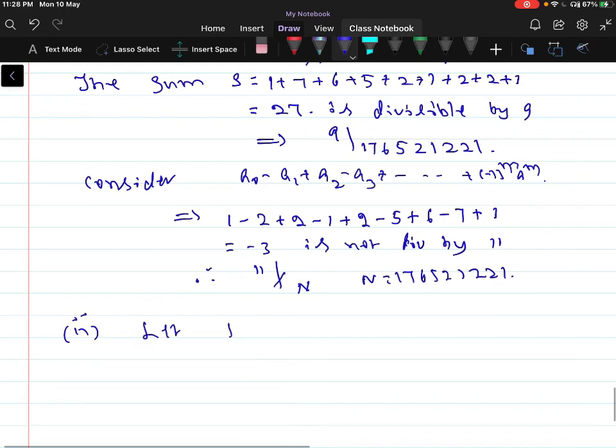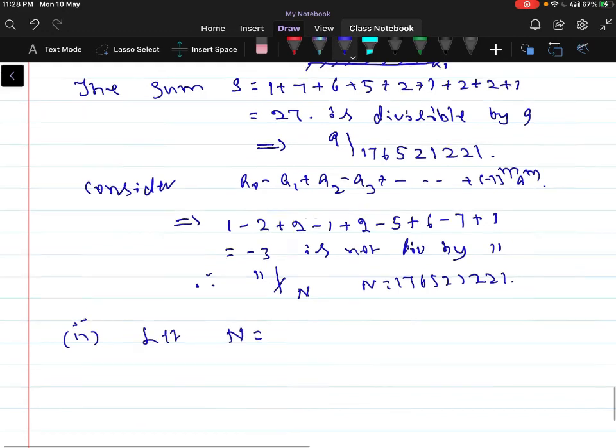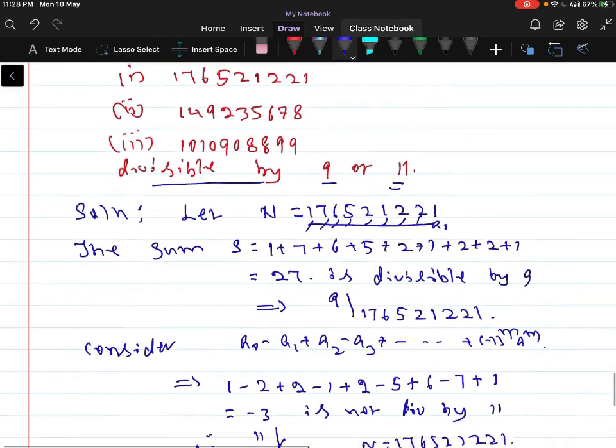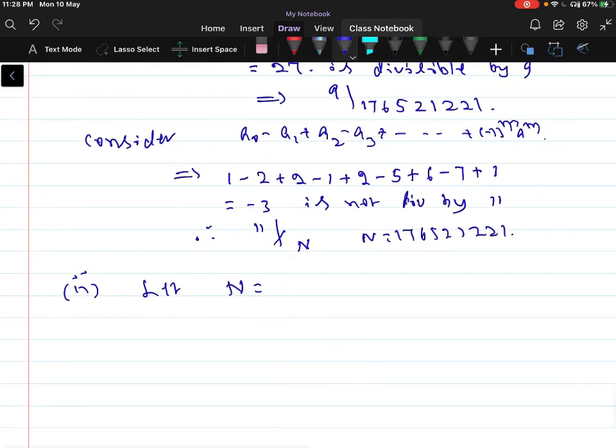So now let us take the second integer. Let n be equal to 149235678. So let us verify whether this number is divisible by 11 or 9. So now move to the solution.